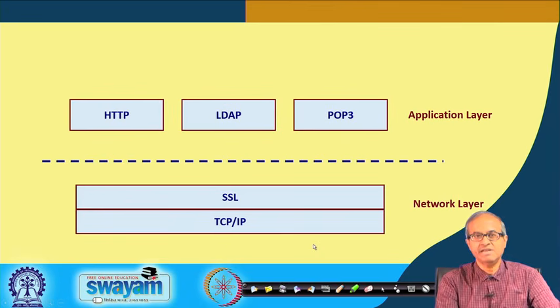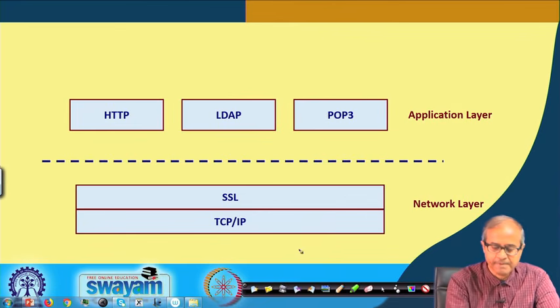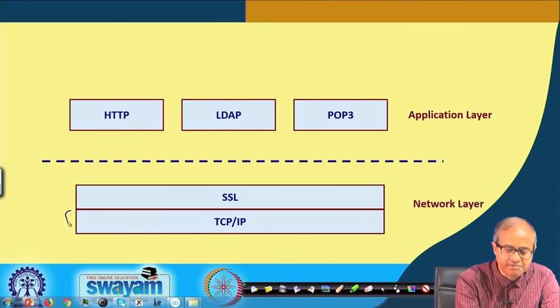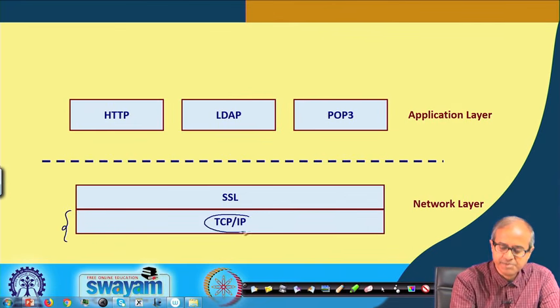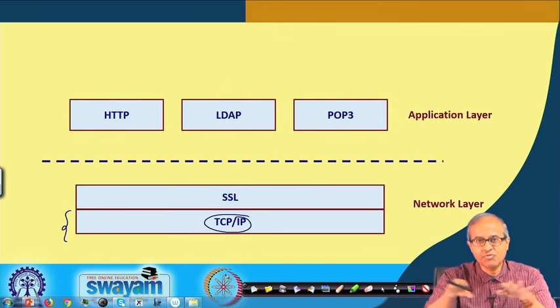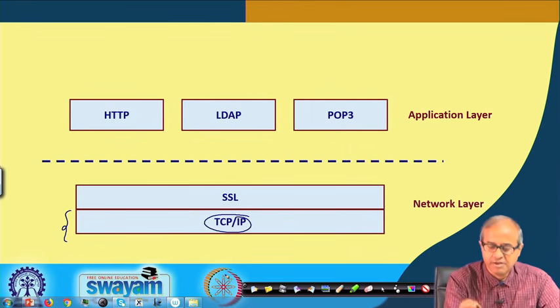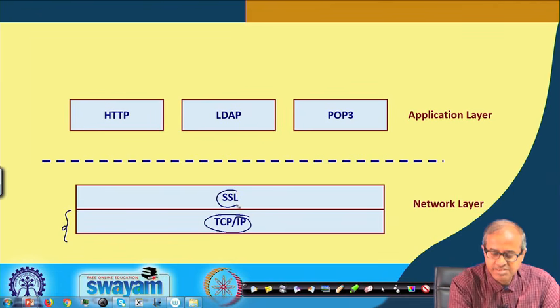So, pictorially this is how things work. You see here you have TCP IP, and the underlying physical layer, that provides you with the basic network interface over which you can transmit messages and packets. Now, SSL sits on top of it.